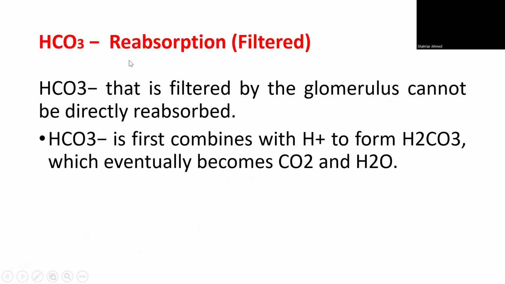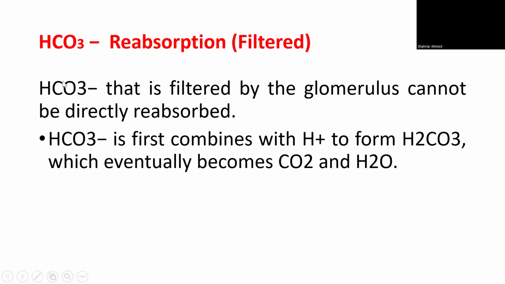Next, bicarbonate ion reabsorption. Bicarbonate ion that is filtered by the glomerulus cannot be directly reabsorbed. In the filtrate, there is a huge amount of bicarbonate ion, and almost all of it must be reabsorbed. But how?